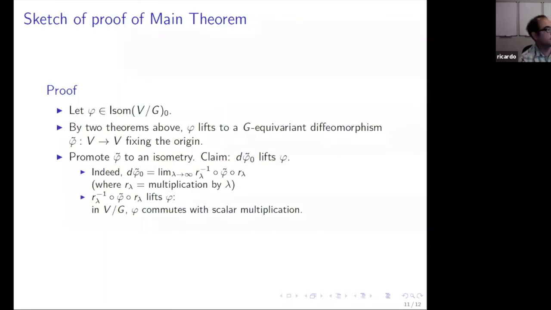And now of course you just take the limit, right? You just take the limit of lambda going to infinity, and that will give you exactly the differential at the origin. It's a limit of conjugations with homothetic transformations.